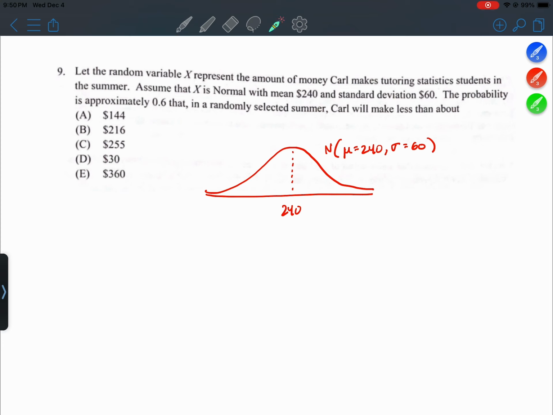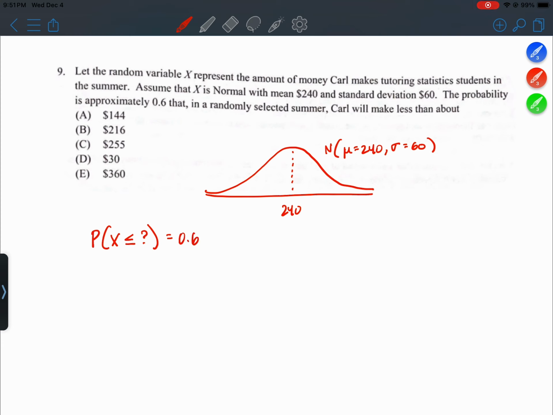Now, let's take the question here and write it in notation. So the probability is 0.6 that he makes less than what amount? So the probability that x is less than what amount is equal to 0.6, 60%.